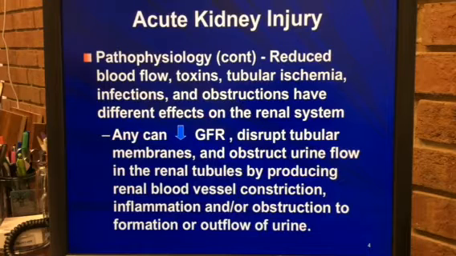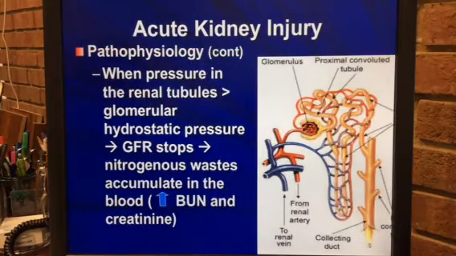They can disrupt the tubular membrane, and they can obstruct urine flow in these tubules by producing renal blood vessel constriction, by producing inflammation, and/or by obstructing the formation or the outflow of urine. So when the pressure in the renal tubules is greater than the glomerular hydrostatic pressure, then glomerular filtration stops.